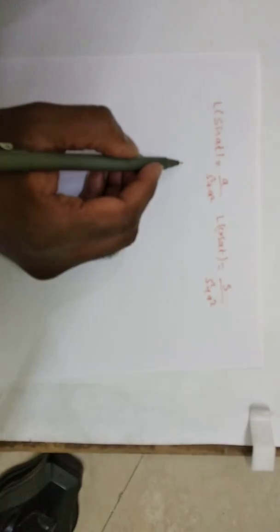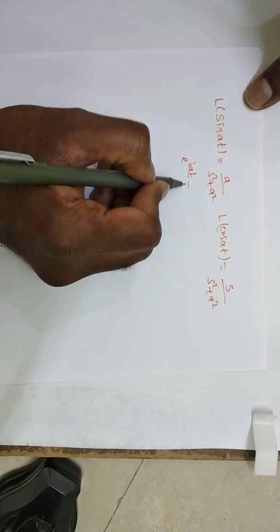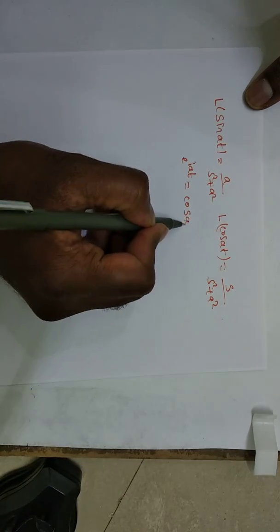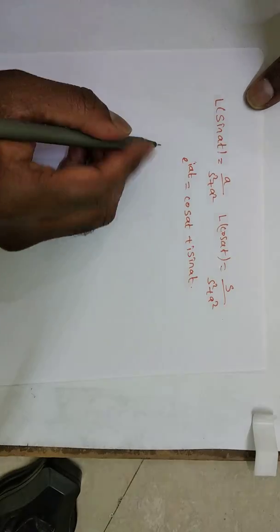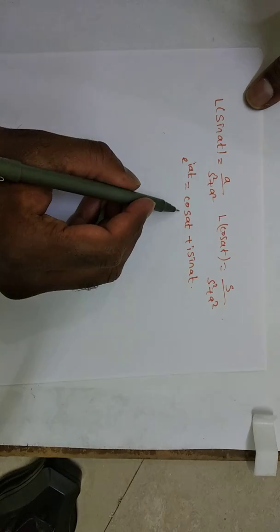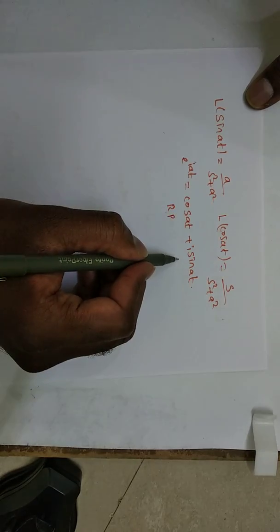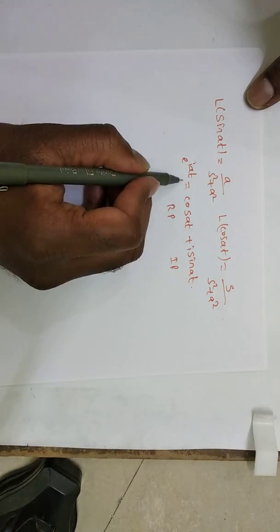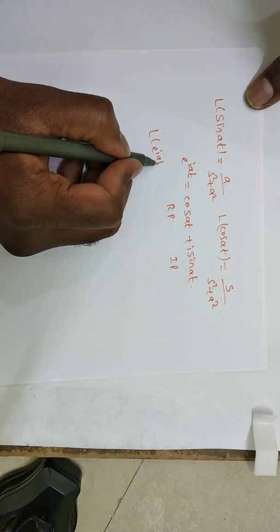Actually here we have one formula, the exponential function we know very well: e power iat is equal to cos(at) plus i sin(at). Now I want L of cos(at) and L of sin(at). What I can write: cos(at) is the real part of e power iat, and sin(at) is the imaginary part of e power iat. Now I want L of e power iat.